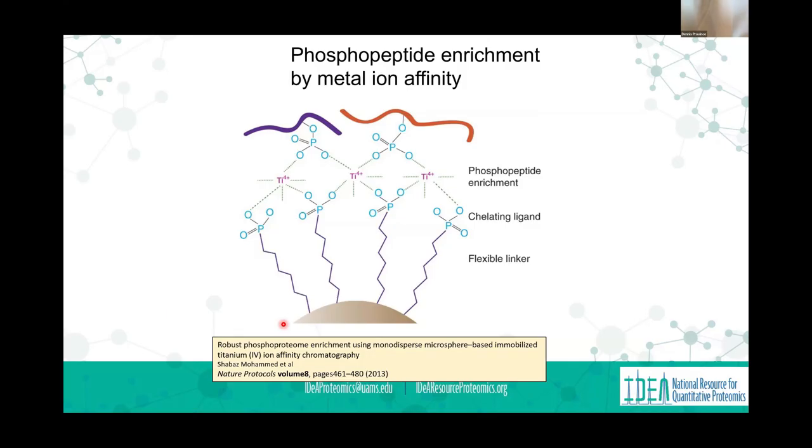Basically the positive charge of titanium is interacting with the negative charge on the phosphate. So you're leveraging some biochemistry in your sample to get an enrichment. But again, it's not specific, but it does work reasonably well.